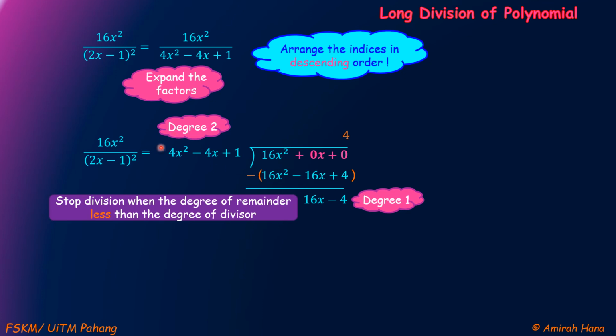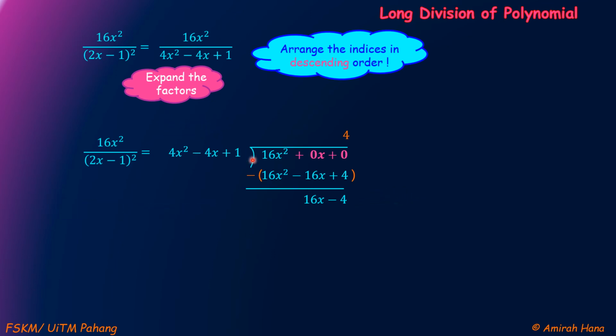So now the degree of the remainder equals 1 and the degree of the divisor equals 2, so we can stop the division, because the degree of the remainder is less than the degree of the divisor.